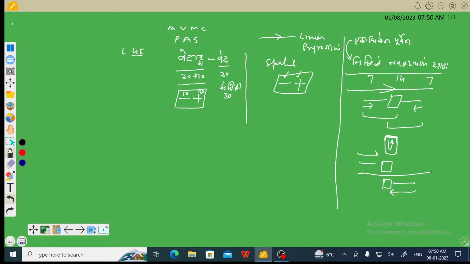Now see the Rigved Samhita, Sakal Rigved Samhita, which is taking us from 27 to 30. It is 9 into 3, and here is 10 into 3.